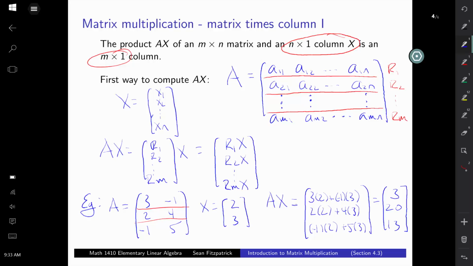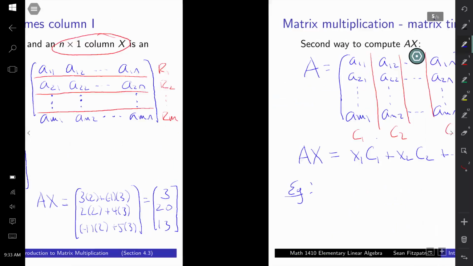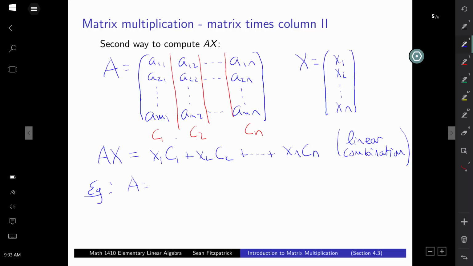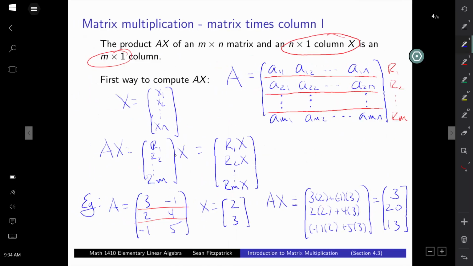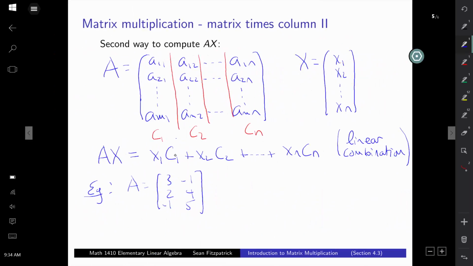To see that that is indeed what you get, let's try this example that we have here. If we take the same matrix, 3, minus 1, 2, 4, minus 1, 5. Let me just double check that that's what I had. Okay, X being the column 2, 3.